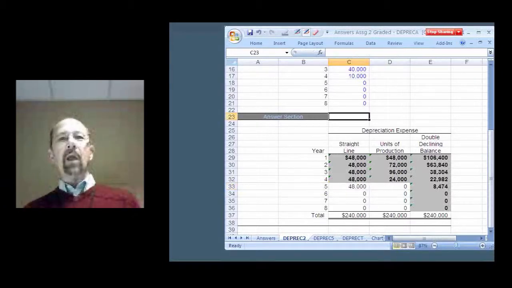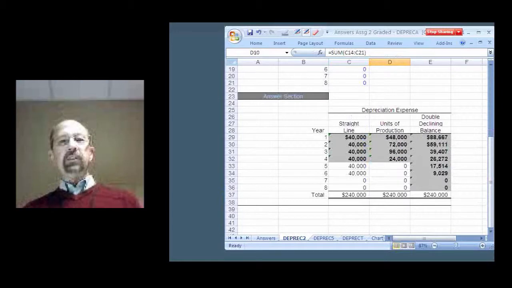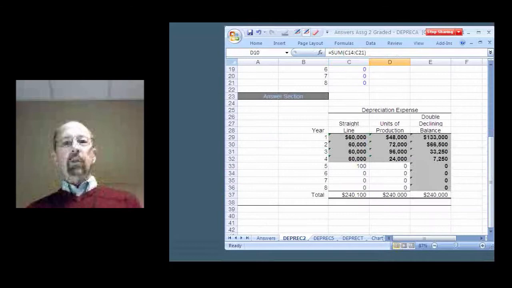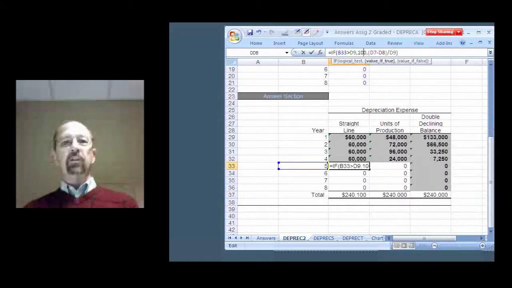Therefore, the life of the asset can change, just like we're doing here. I mean, right now, I can change this life of the asset to 6, and the depreciation will be going over 6 years. I can have the life of this asset be 4, and it'll only go over 4 years, and then it'll put down 0 every place, except right here I changed the formula.